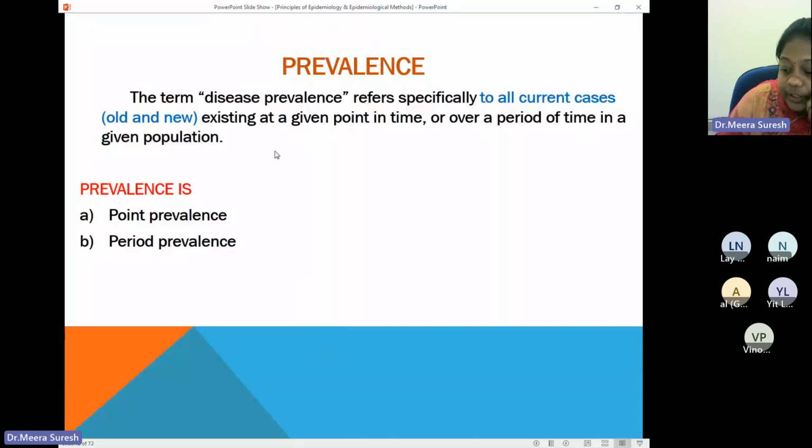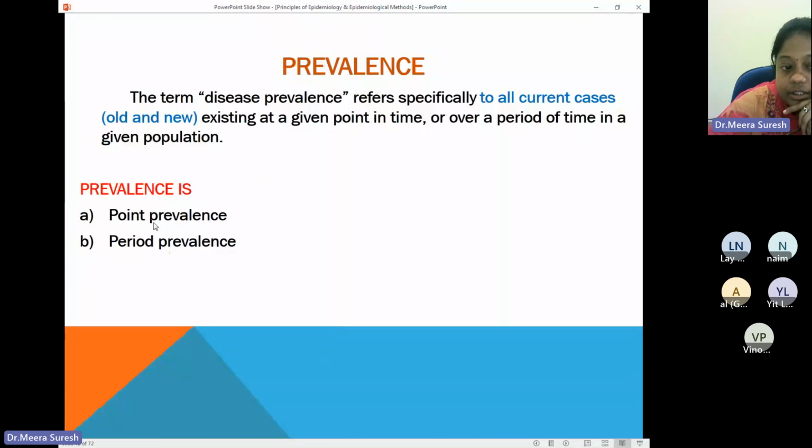But in case of prevalence, when you say the prevalence of tuberculosis is 82 percent or whatever, that number includes all the people who have tuberculosis in that particular year, not just the new cases, but the old existing cases also. Prevalence is of two types, point prevalence and period prevalence.